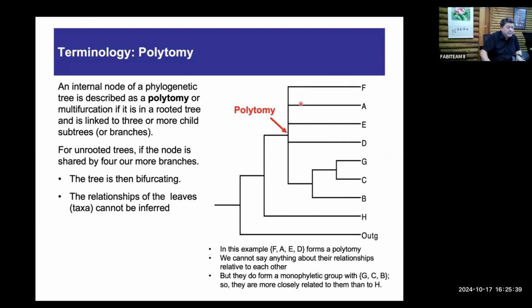Therefore, the only thing that we can infer from this tree is that all of them, at some point in their evolutionary trajectory, have shared an ancestor that is common to all of these taxa. And this becomes very relevant to the interpretation of bootstrap values.